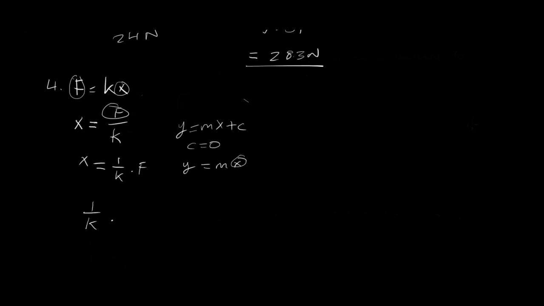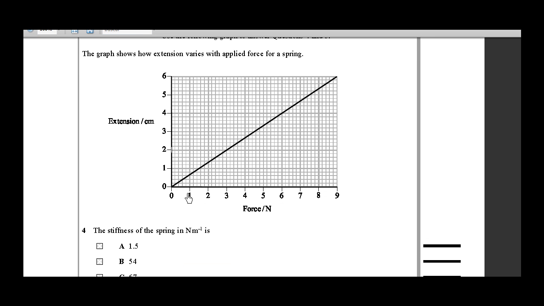So we go to the graph and we calculate the gradient, which you do by the change in height divided by the change in length. Change in height is 6, but that's in centimeters. So 6 centimeters over 9 newtons, right?